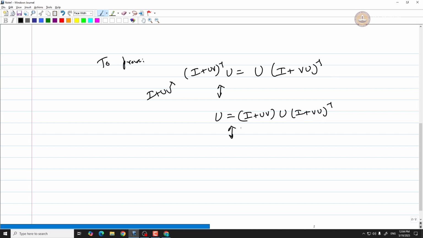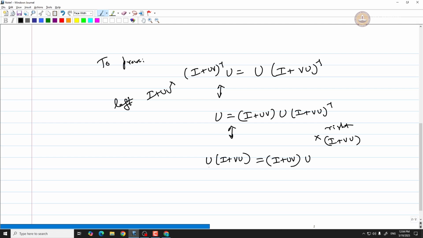So this is the same as multiplying both sides on the right by I plus vu. Notice how I multiply on the left once and then on the right, because that's when the inverses cancel. You get u times (I plus vu) is the same as (I plus uv) times u.